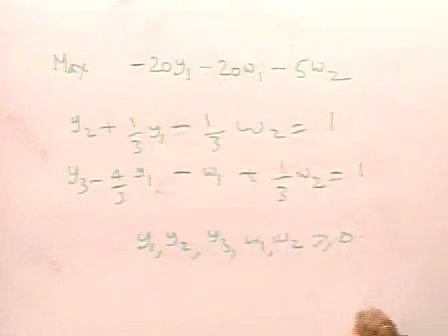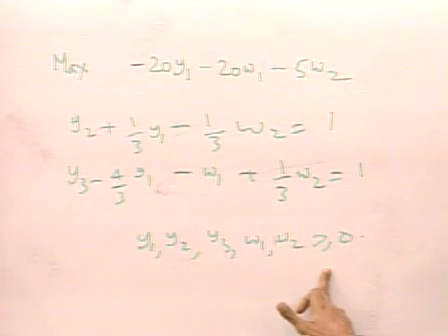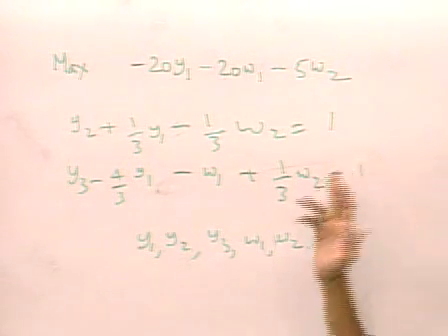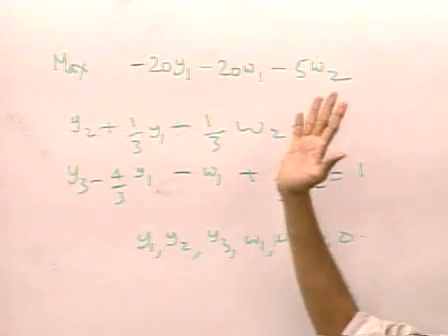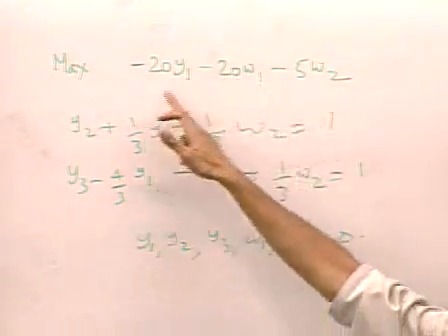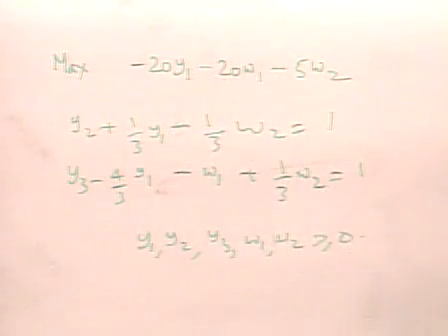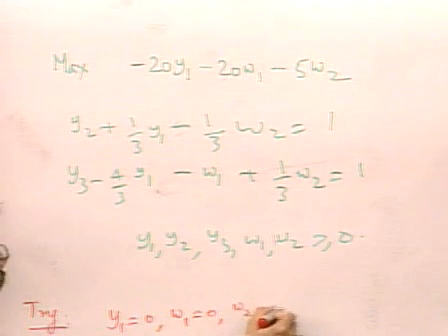Okay? And they all have to be non-negative. So the best I can do is set them all to 0, because if I set any of them to any positive quantity, I'm going to incur a cost. Right? They all have negative coefficients. So my natural strategy would be to try y1 is 0, w1 is 0, w2 is 0.